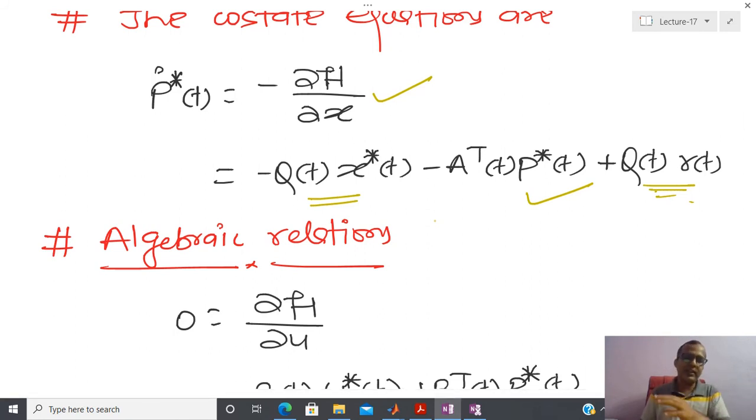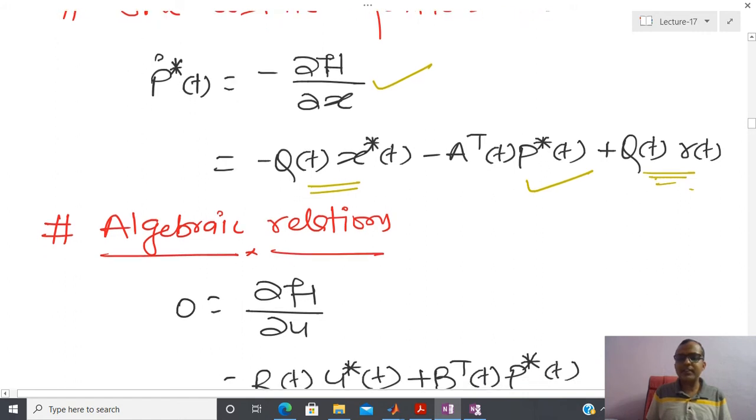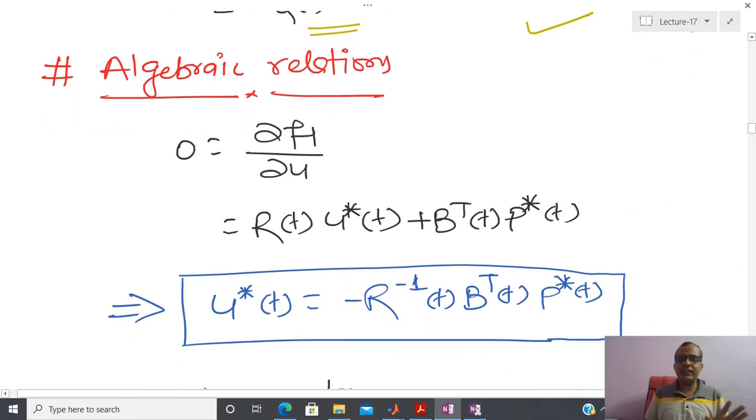So whenever you have to do adjustment based on dimension, you know the dimension of P_t. Due to that reason, the dimension of P_t dot is exactly the same as P_t, and based on that you can do the adjustment. Now third stage, I have to define the control.